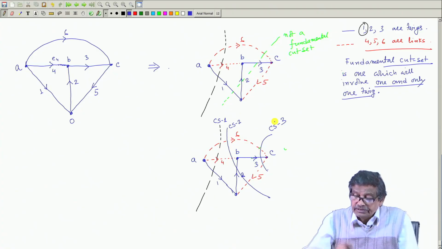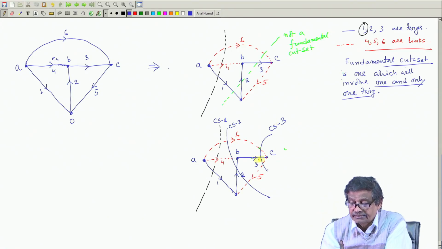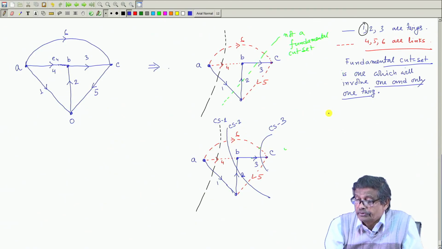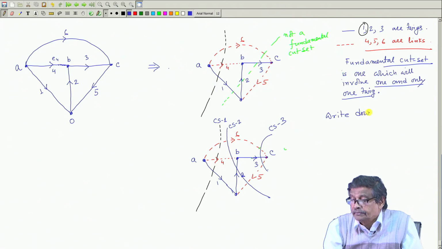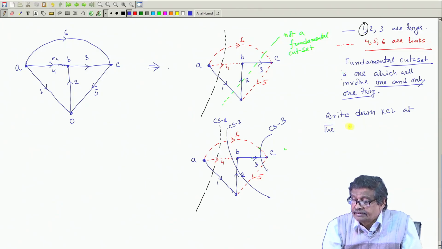Then what we will do is write down the KCL at the cut sets. So, writing KCL at the cut set lines will be our next job, which is very easy.